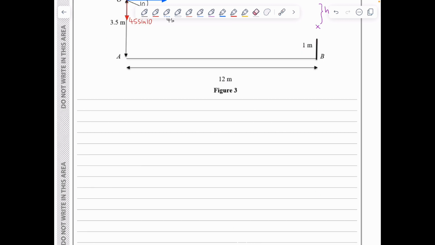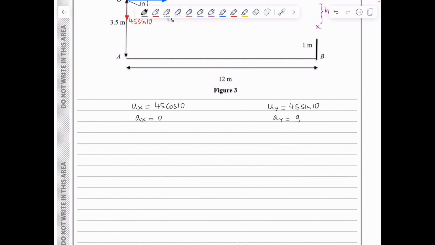Starting with the component of the velocity in the horizontal direction, which I will call Ux, this is 45 cos 10, and we know that there is no acceleration in the horizontal direction, so the acceleration in the x direction is 0, whereas the velocity in the y direction is 45 sine 10, and the acceleration in the vertical is g.